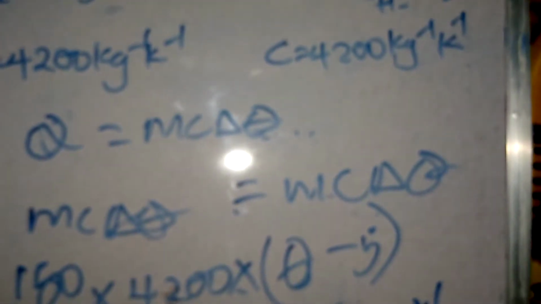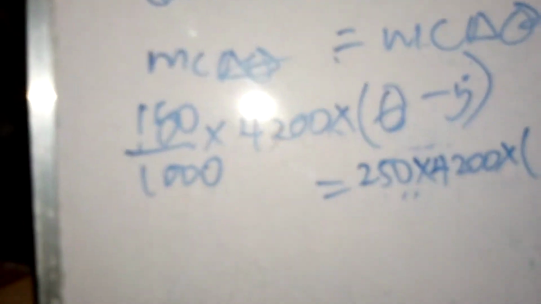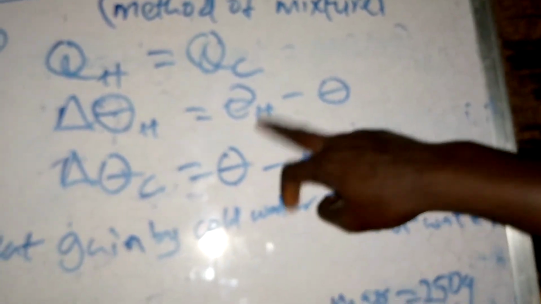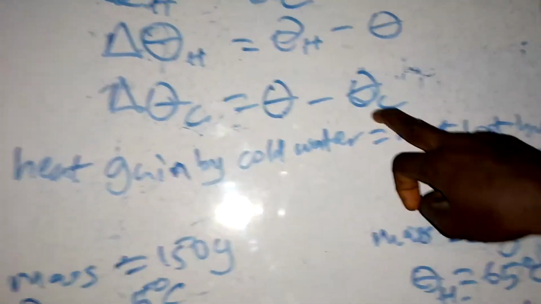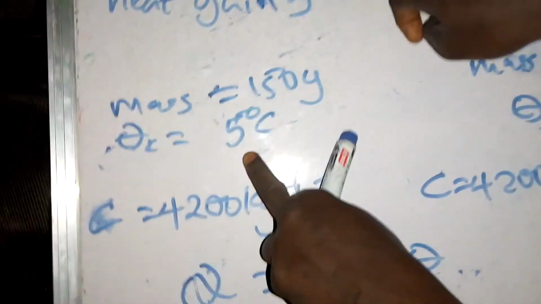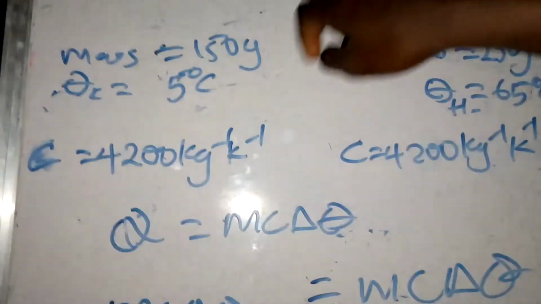So how are we going to calculate it? You will notice that it goes from 65 to the final temperature. This is the formula for hot water, from the hotness of the water, 65, to the final steady temperature. For the cold water, it is cold already, but the hot water is still hot at this point, so that is why we subtract the colder one from the hotter one.